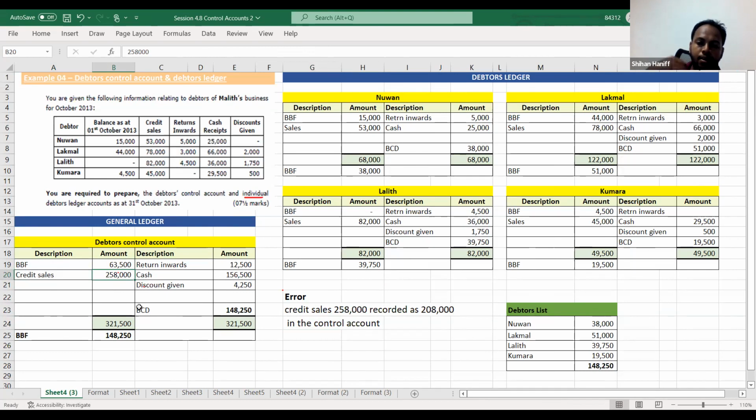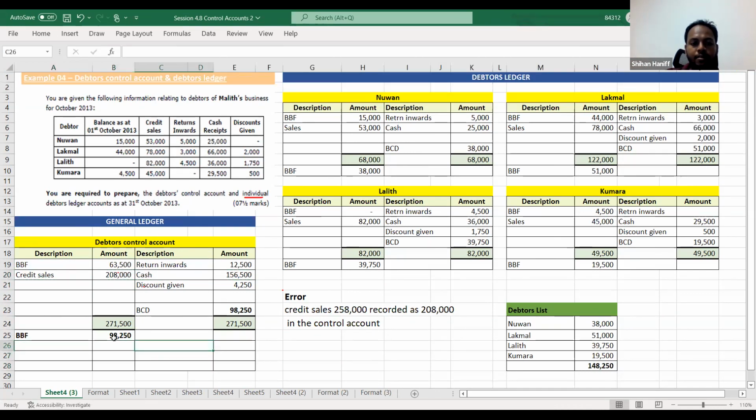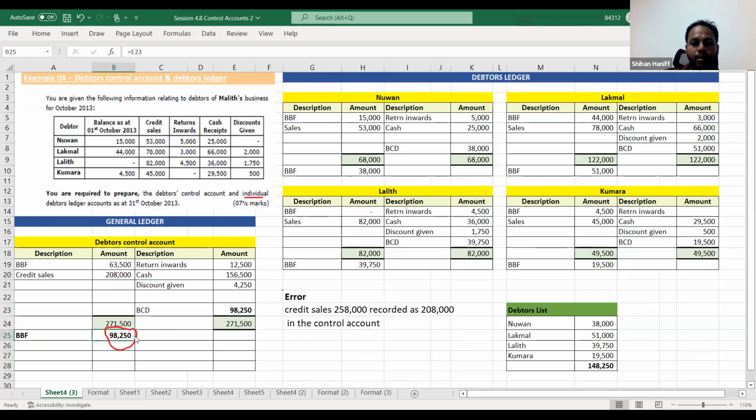So let's do the error 208,000. Now what happens? Now you compare the balance. This is 98,250 and this is 148,250. What do you have to do? How do you correct this? If credit sales of 258 recorded as 208 in the control account, what do you have to do to correct this?